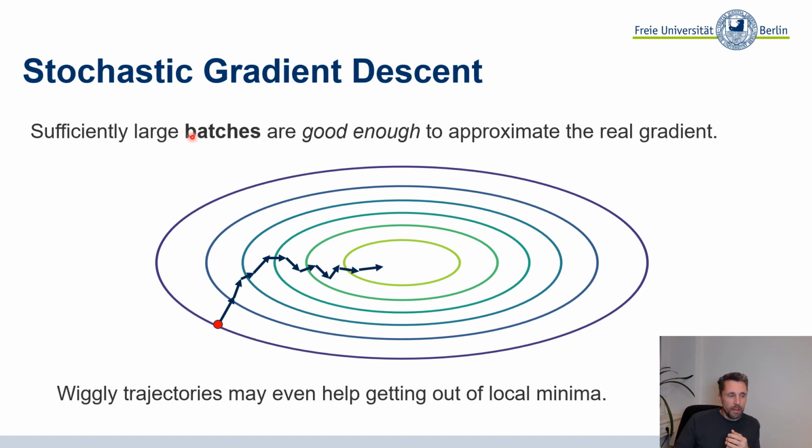And that's resulting in good enough estimates of what the real gradient direction is, and the path that we walk looks a little wiggly, but in the end it's faster, and this wiggling may even help freeing the optimization out of local minima.